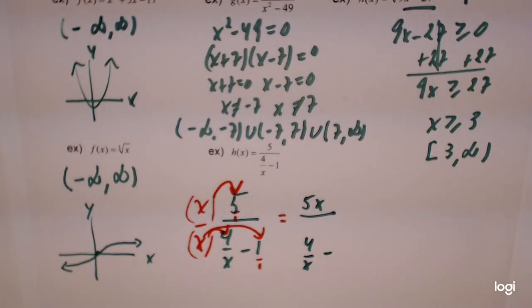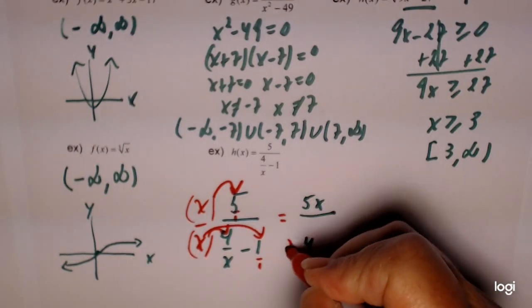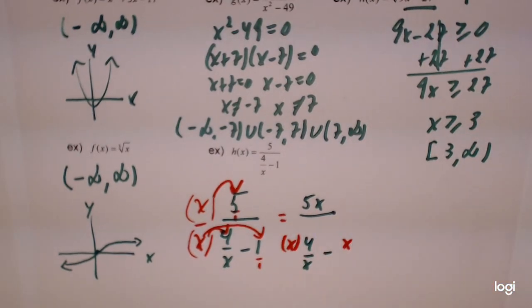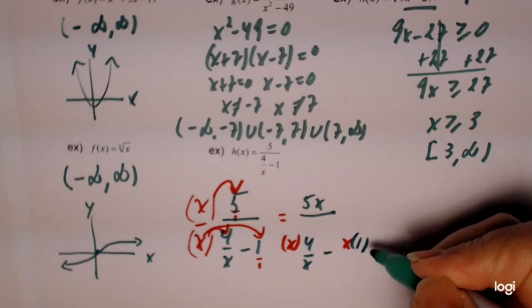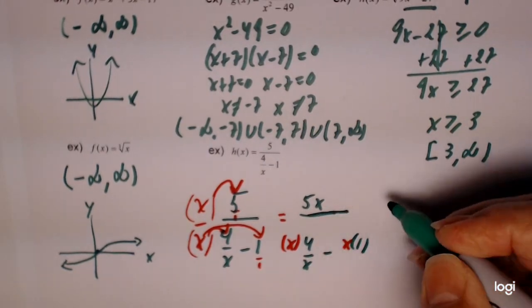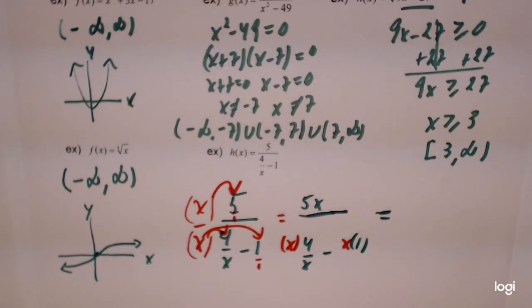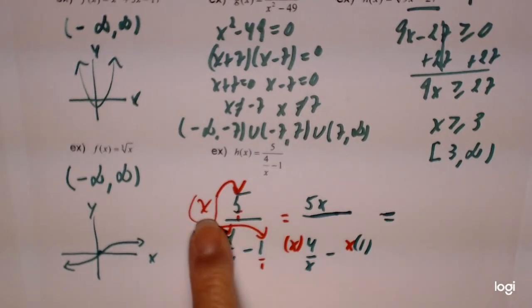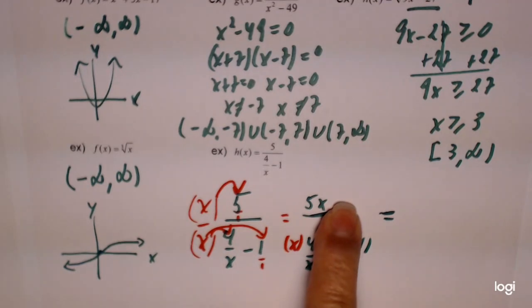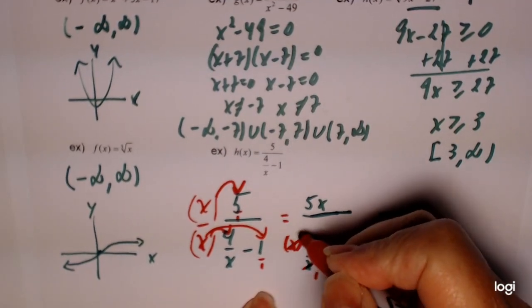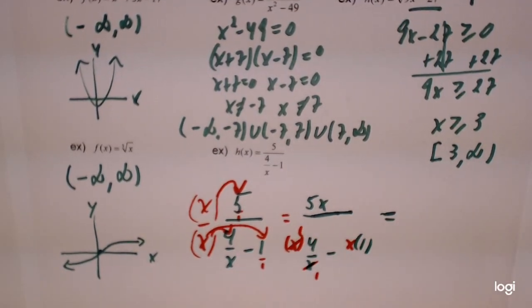And here we have the x. Let me put in the 1, just in case you haven't seen this. A reminder how to do complex fractions. So x times 5 is the 5x here in the numerator. X times the 4 over x. These cancel, which is what we want.